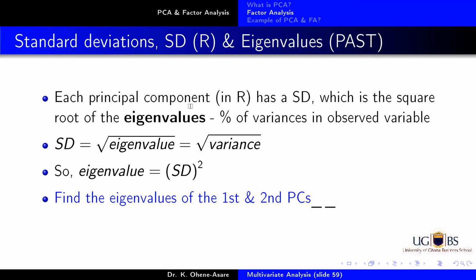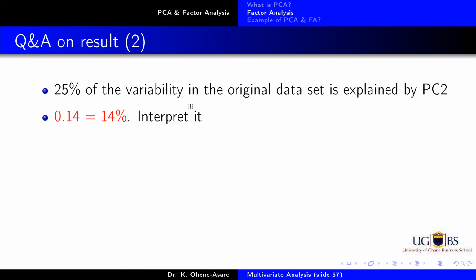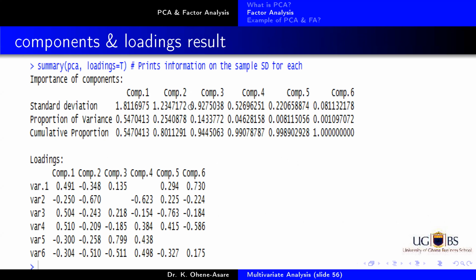So the question is, find the eigenvalues of the first and the second principal components. So now you see them here. What are the answers? So what are the eigenvalues of these two principal components? Who can give me the first answer?